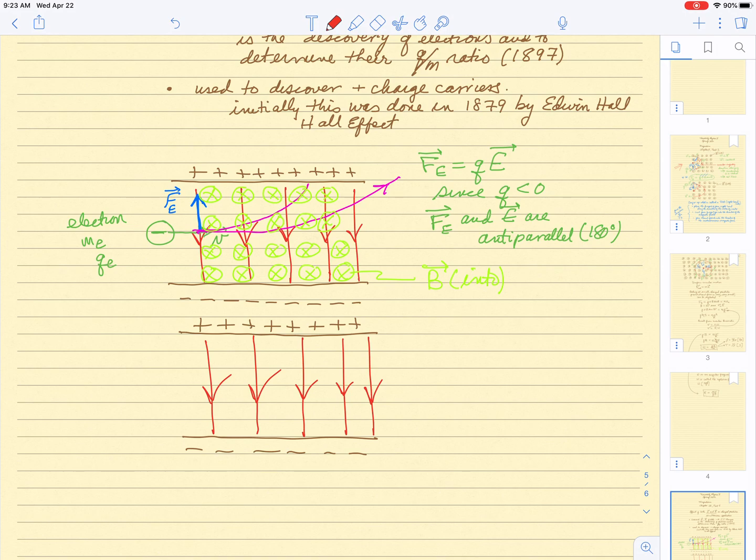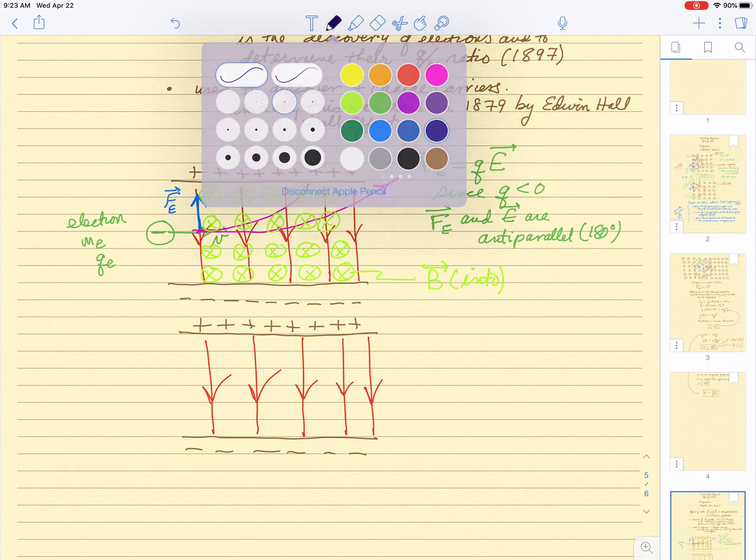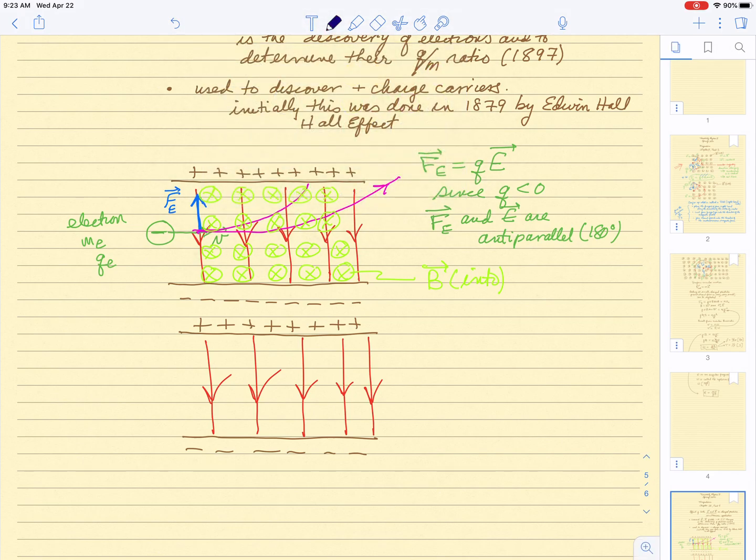So what would happen then is that the electron as it enters this magnetic field is going to feel a magnetic force, and that magnetic force is going to be oriented downward. Right? That's the magnetic force.